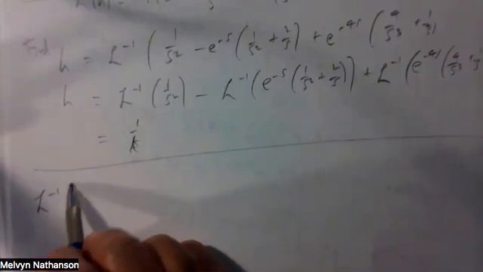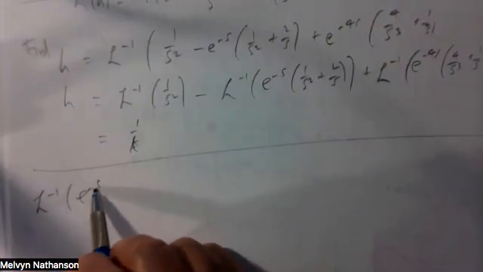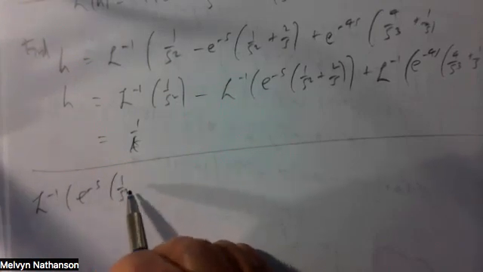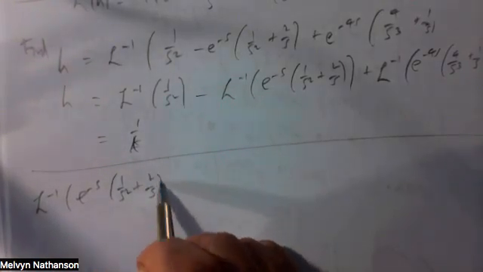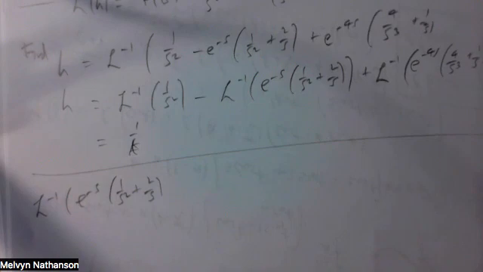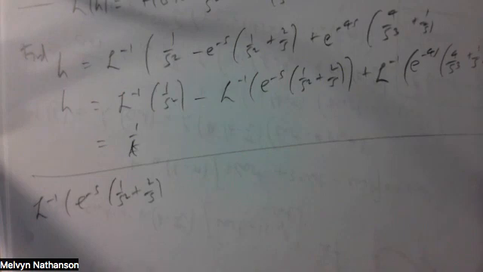So the inverse Laplace transform of e to the minus s, 1 over s squared plus 2 over s. Let's recall the general formula.